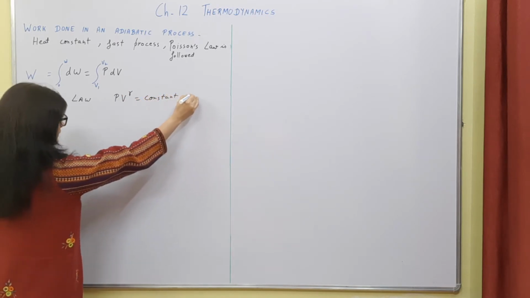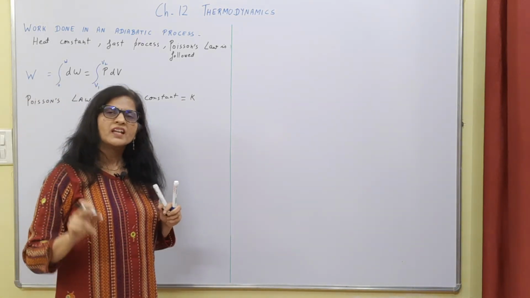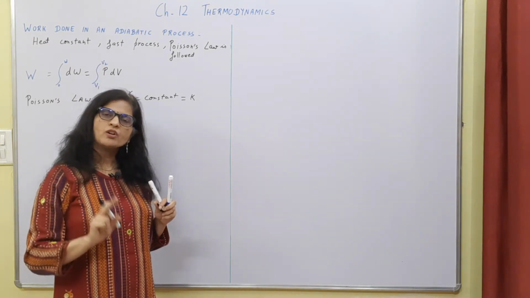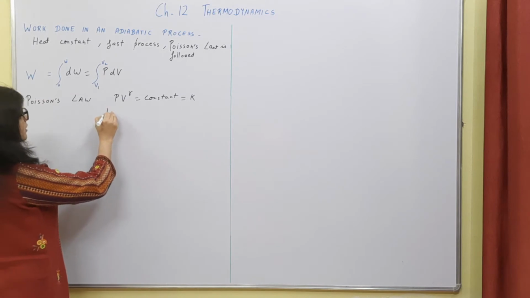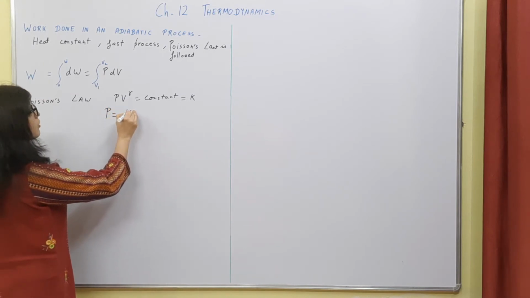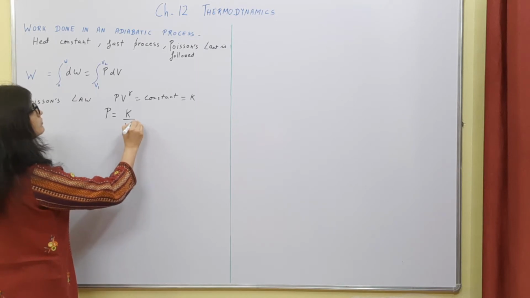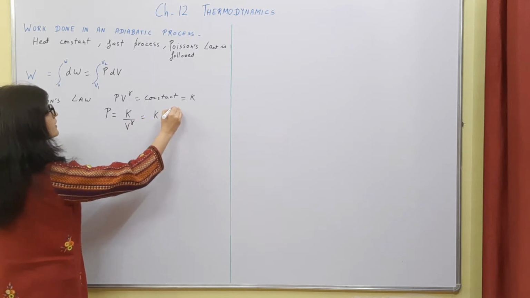Let's mark this constant by K. What is gamma here? Gamma is the ratio of the specific heat at constant pressure to the specific heat at constant volume. So pressure can be written as constant upon V to the power gamma, that is, K V to the power minus gamma.